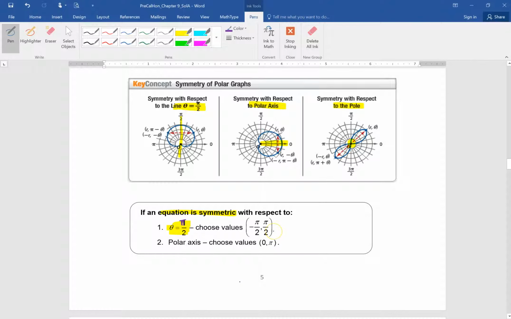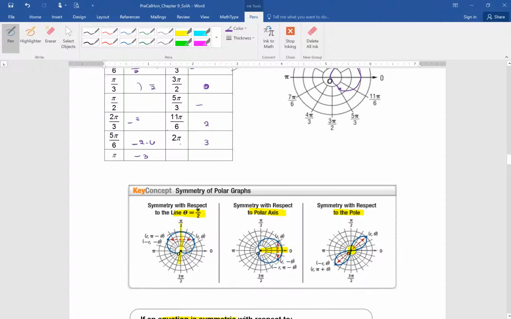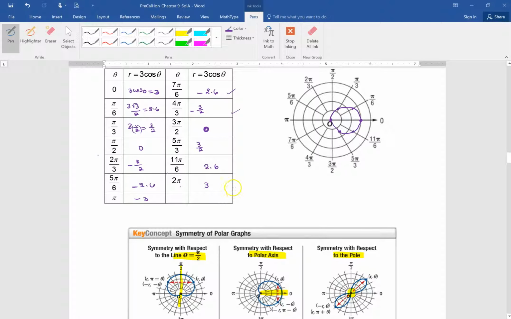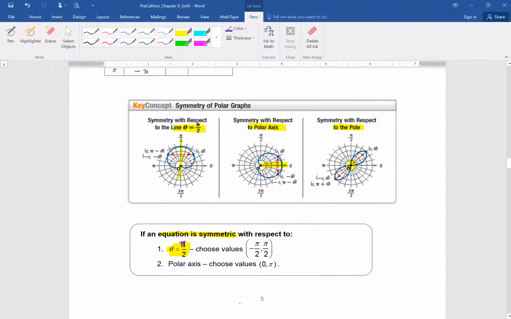So do you see how in the example above, we could have just done away with the second half of the table here, right? Because it just repeated itself. Well, it's the same thing in the other situations. If it's symmetric with respect to theta equals pi over 2, all you would have to do is choose values from negative pi over 2 to pi over 2, because the left side is just totally symmetric. Then you just repeat, okay? You just mirror.